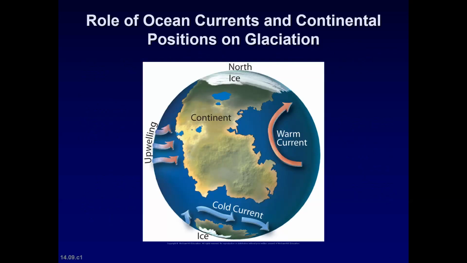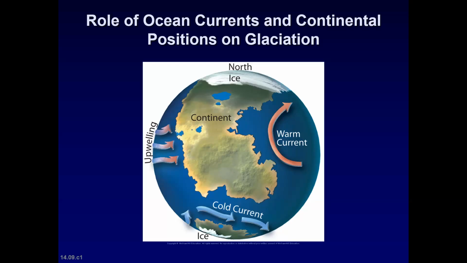There's also the role of ocean currents to consider and the continental position. So where are the continents? Right now, this is the north, this is the south. So we've got our ice at the north and the south. If our continent is mostly at the equator, it's going to be warmer and it's not going to glaciate. Cold ocean currents help cool the land, allowing glaciers to form if there is sufficient precipitation.